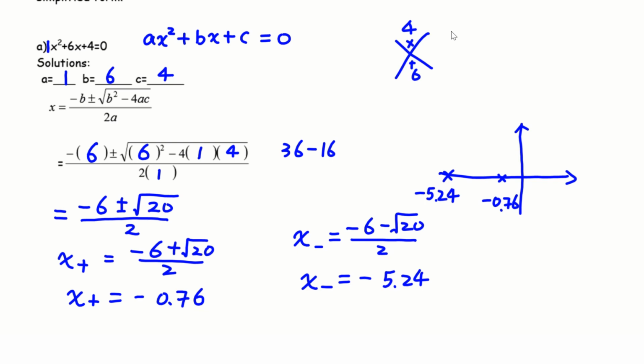We don't have the factors 1 times 4, 2 times 2. None of them add together to make 6, so it's not factorable. But by using quadratic formula, we are able to find the two zeros. Okay, so these are the solutions for this question.